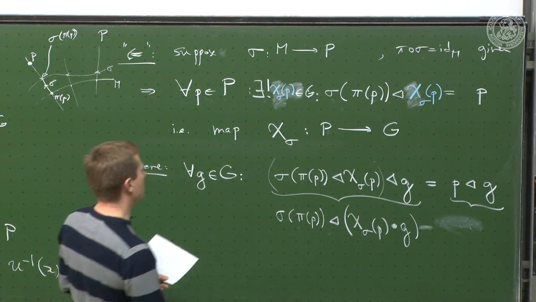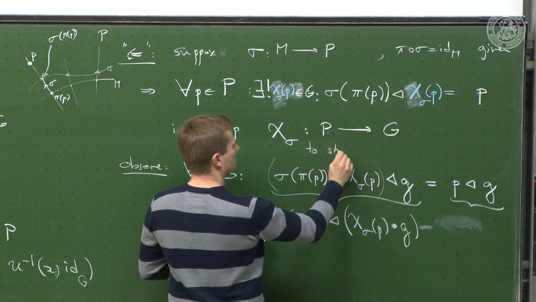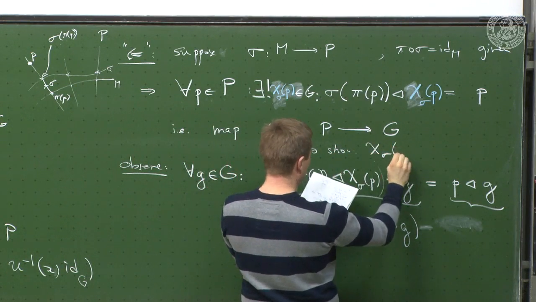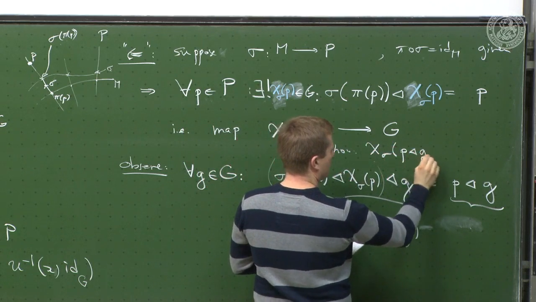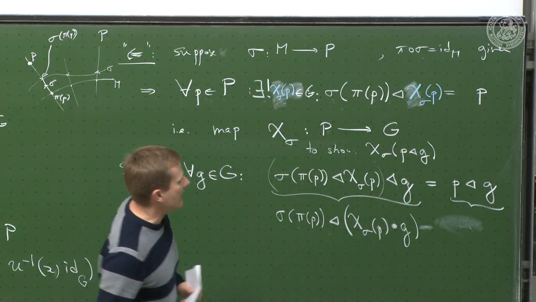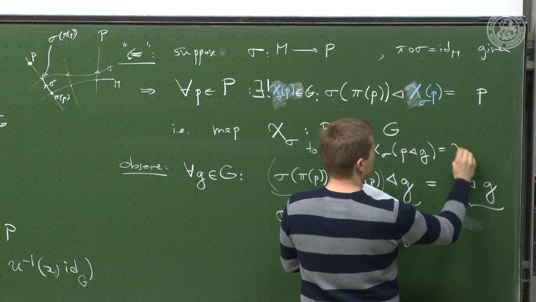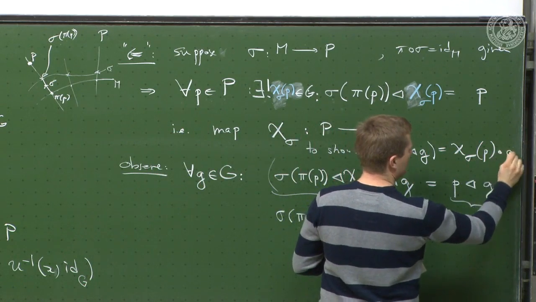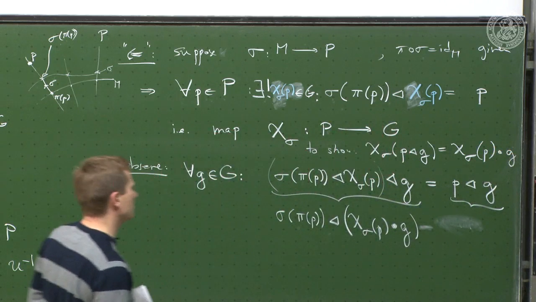So what I want to show is that chi sigma applied after I act on the P is the same as chi sigma P and then acted on with the G.